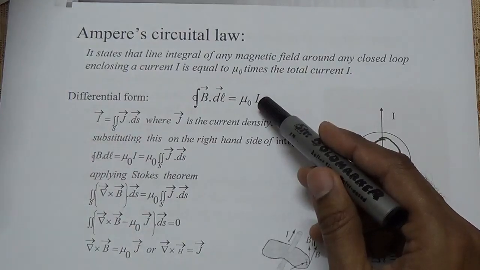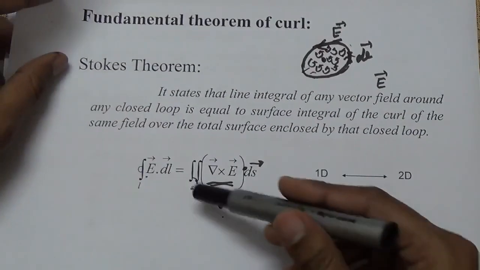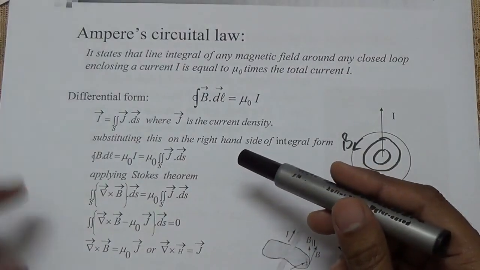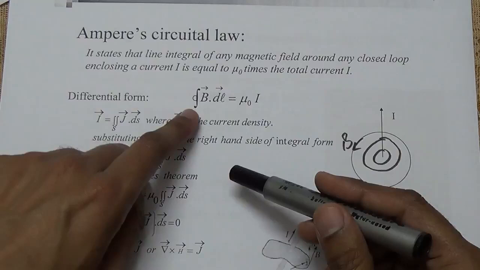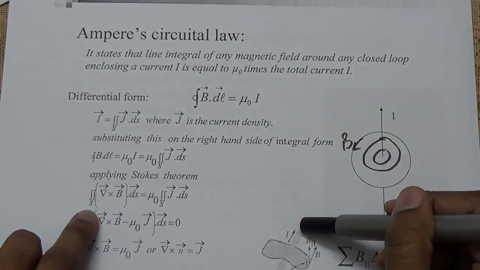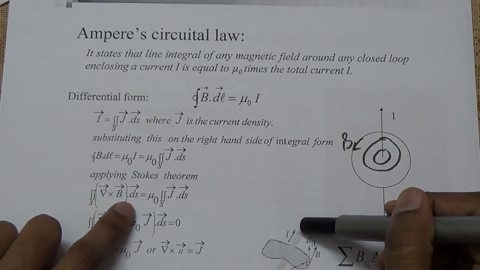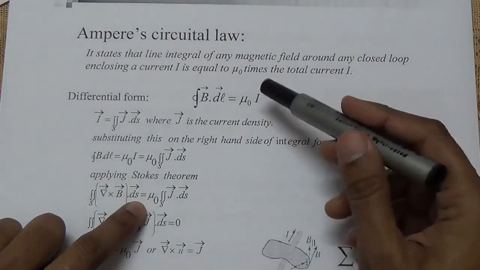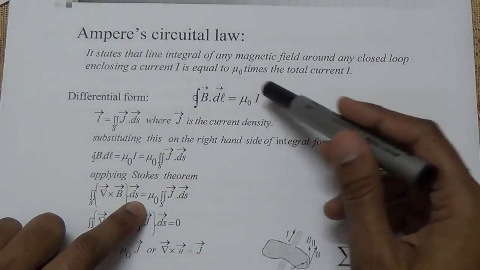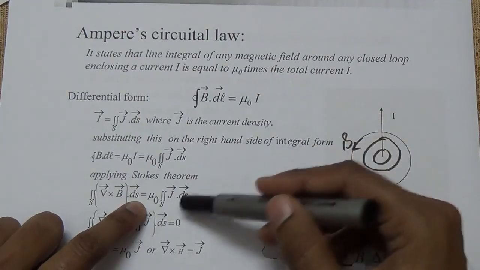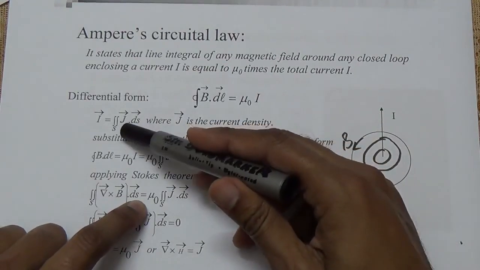Because in the Stokes theorem we have the open surface on the right hand side. When we use the Stokes theorem on the left hand side, we get the open surface integral del cross B dot ds. But on the right hand side we have mu naught I, and we want a surface integral there, so we have to convert this I into an open surface integral with this formula.